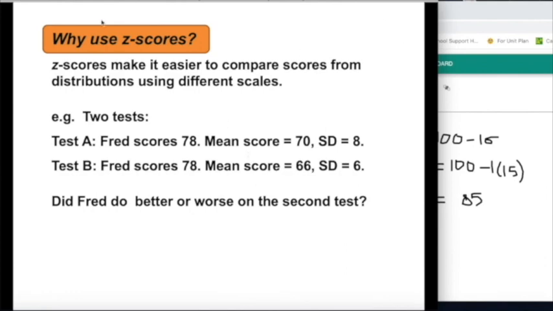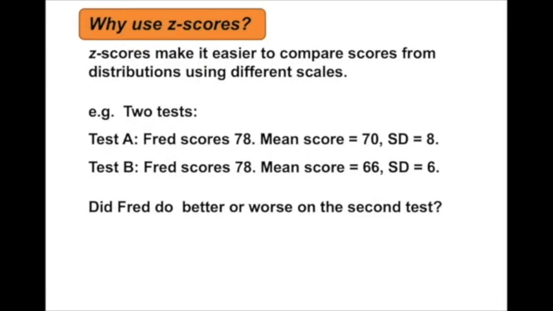Okay, then why do we use z-scores? Again, as before, z-scores make it easier to compare scores from distributions using different scales. For example, if there are two tests, and one student, Fred, scores 78 in test A, with mean score 70 and standard deviation 8, and in test B, Fred scores 78, and the mean score is equal to 66, and standard deviation is equal to 6.